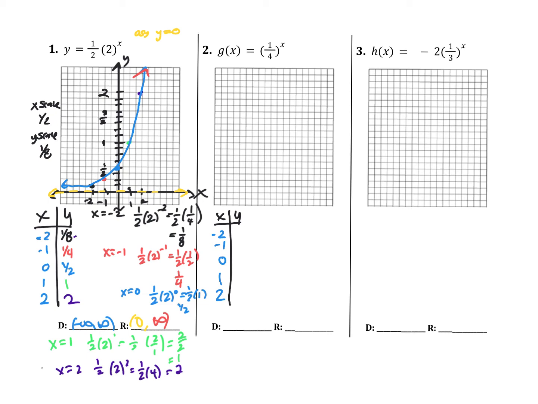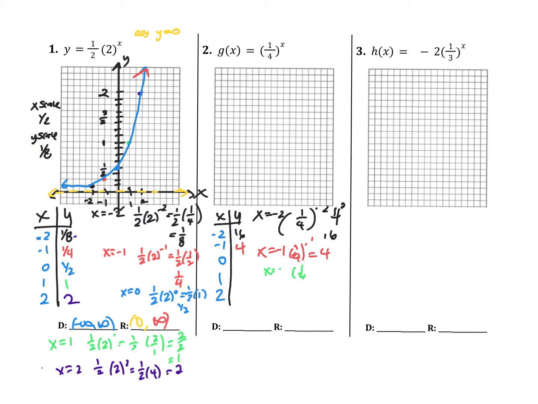Okay, if x is negative 2, 1/4 to the negative second power is 4 to the second power, which is 16. Negative 1, 1/4 to the negative first power is just going to be 4. We're just going to take that reciprocal.